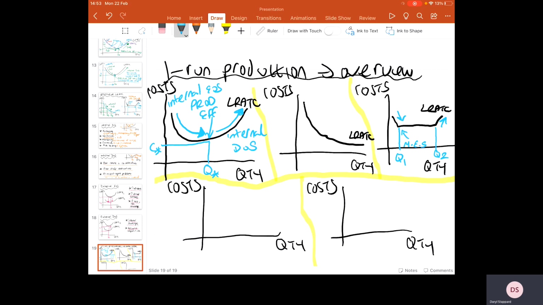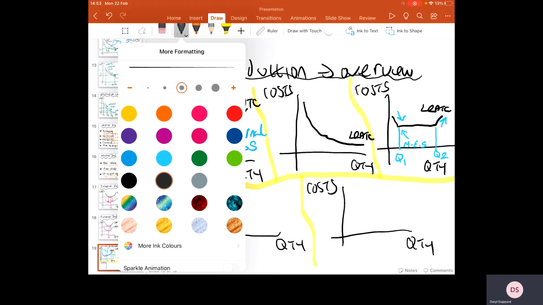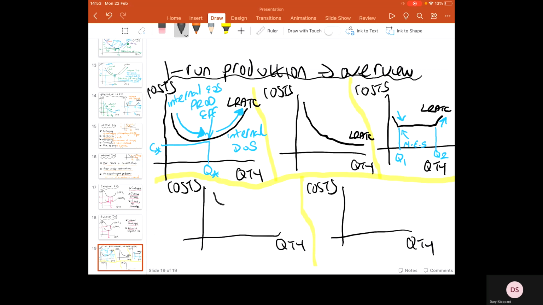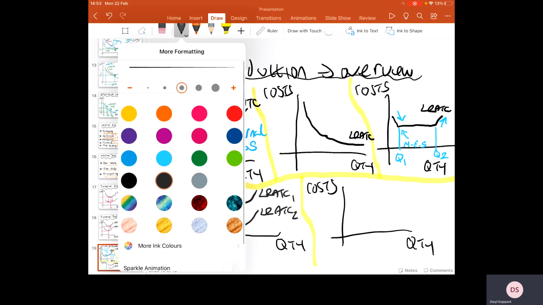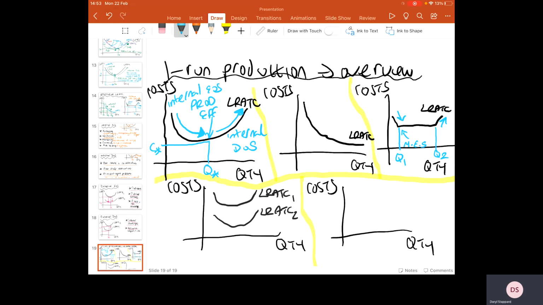What we can then do is to show external economies of scale. So the cost benefits for a firm of the market growing or improvements in their industry. So look what happens here. With the same output level, as the market or the industry grows, they've got these cost benefits of it.